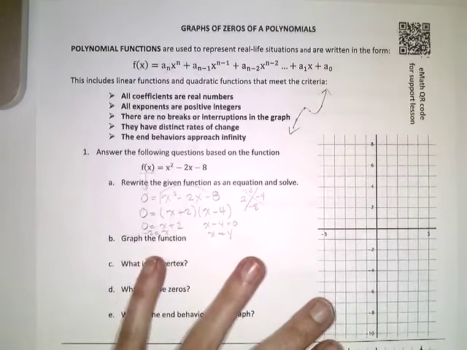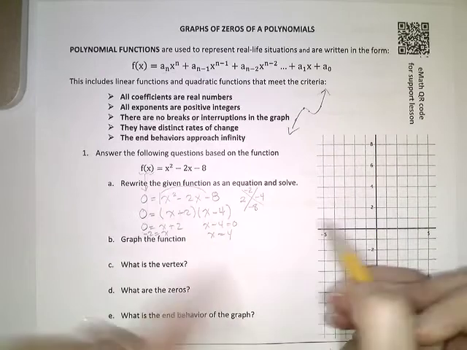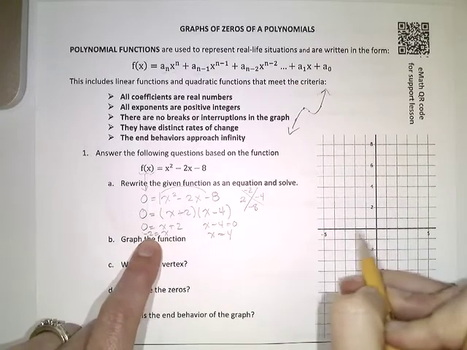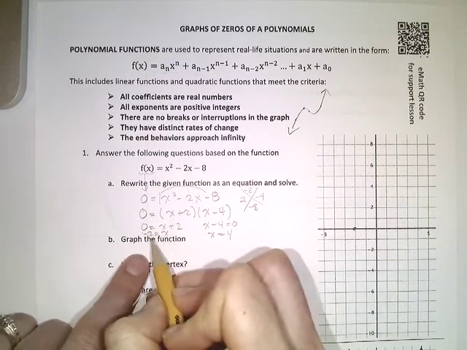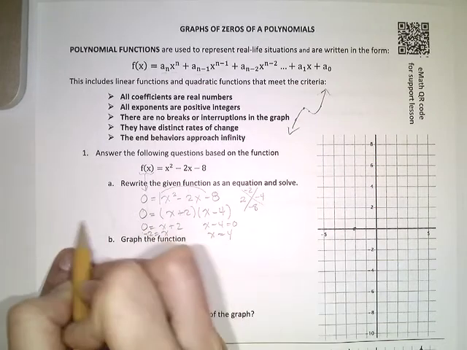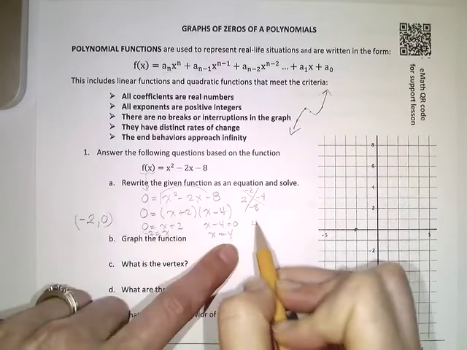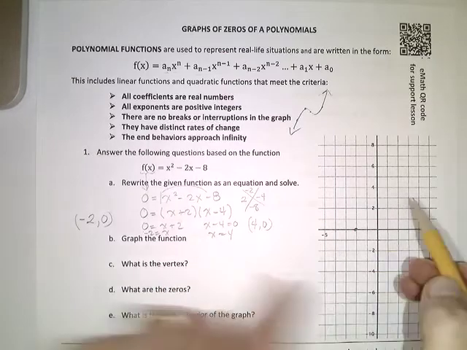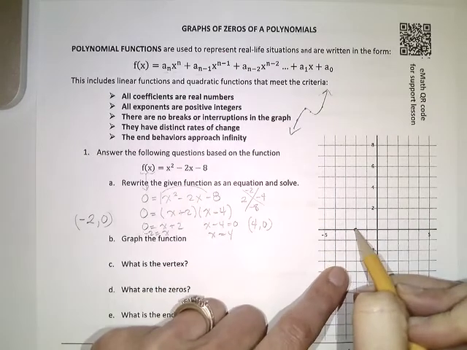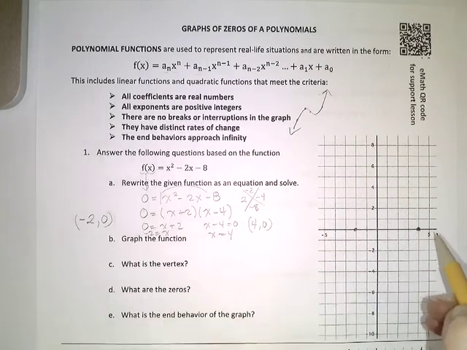X equals -2 and 4 when y equals 0, right? Whenever you solve for these roots, don't forget that this really means -2, 0, and this really means 4, 0. They always correlate to the graph. So here, this is -2, 0, and this is +4, 0.